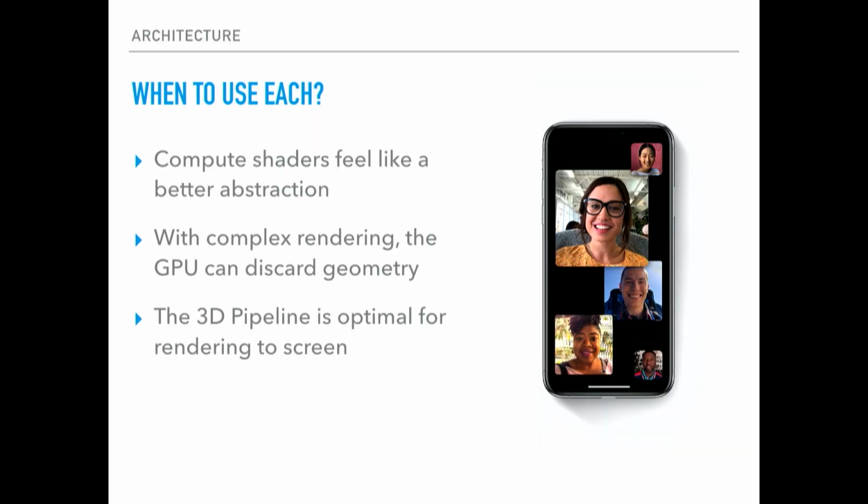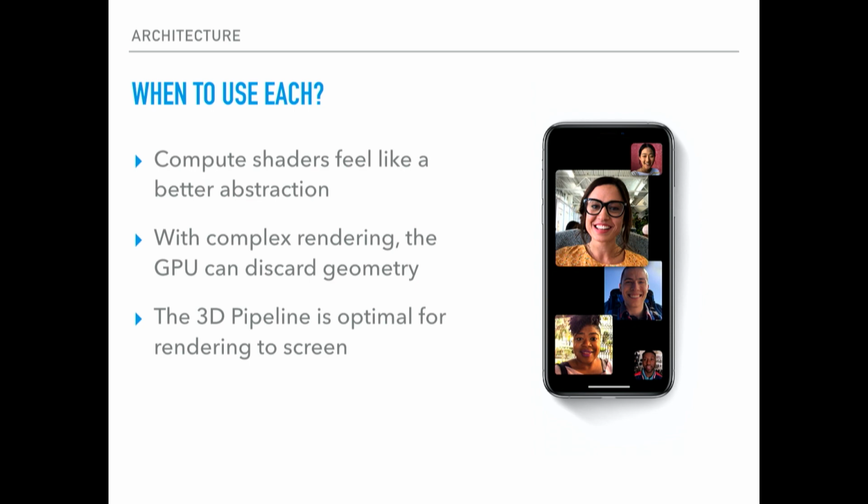Cool. So when would you want to use each? As I said a moment ago, the render pipeline is the most efficient. But one other situation where it would be useful to understand is, let's say that you want to render a UI like the group FaceTime chat window, where you have multiple planes and some of them are occluding other ones, right? Well, if you use the 3D pipeline, it's actually smart enough if you render multiple flat planes to know that this image, the corner here, is covered by this image, and it will discard that geometry, and it won't do what's known as overdraw, where you're rendering stuff that never actually gets displayed to the user, so it's just wasted resources.